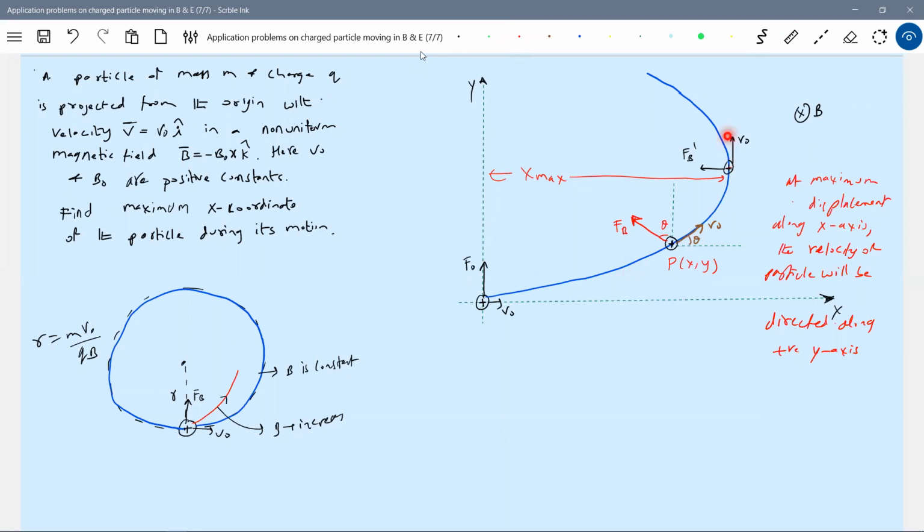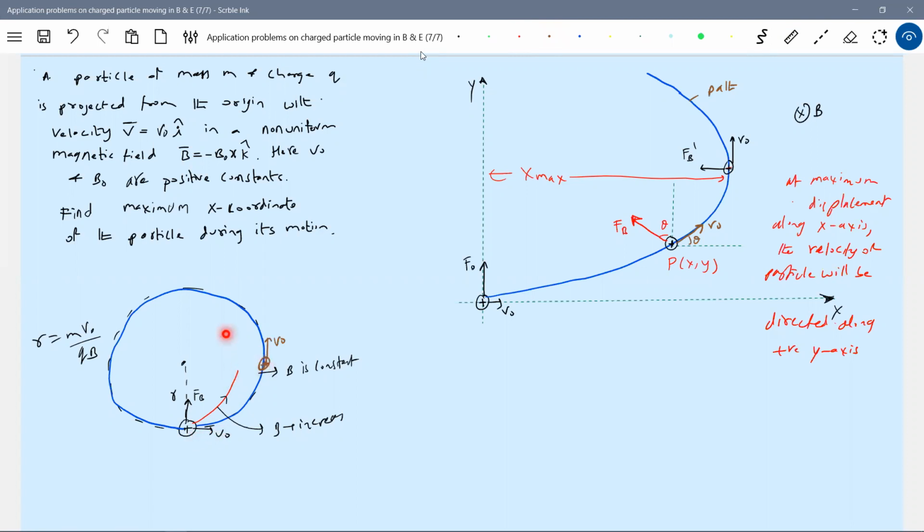Why will the charge particle move like this? That's what I'm trying to bring here. So let's assume that. If it is moving in a circular path, at one instant how will the velocity be? Can it happen here? Here the velocity was along the x-axis. Now the velocity is along the y-axis.